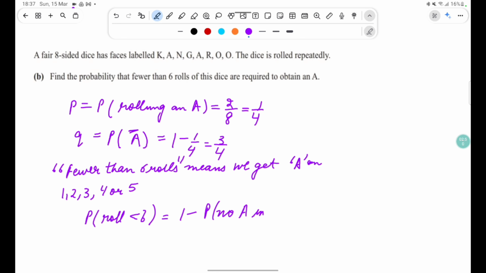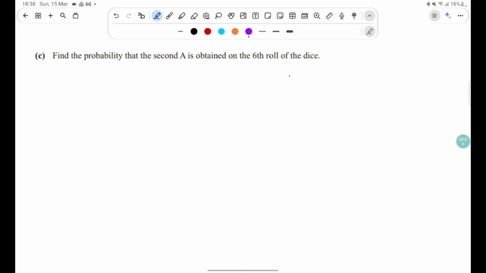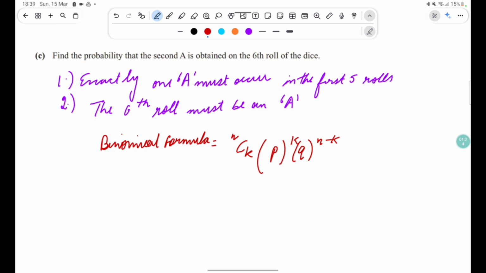Now part C is we have to find the probability that the second A is obtained on the 6th roll of the die. Now for the second A to occur exactly on the 6th roll, two things must be true. First, exactly one A occurs in the first 5 rolls and the 6th roll must be an A. Now for the first case, to find the probability of 1 A in the first 5 rolls, we'll use the binomial formula, which is nCk p to the power k q to the power n minus k.